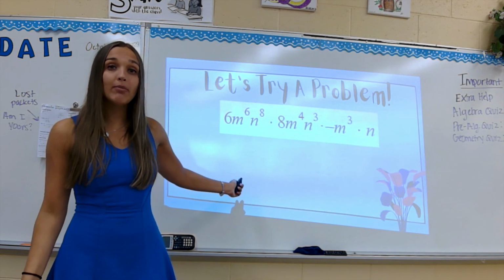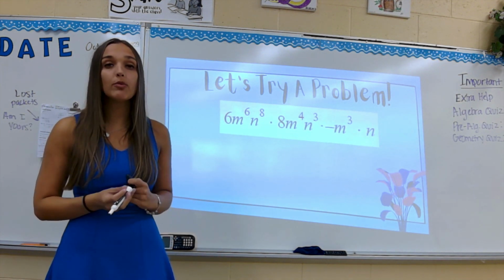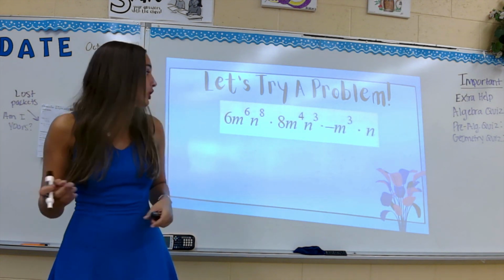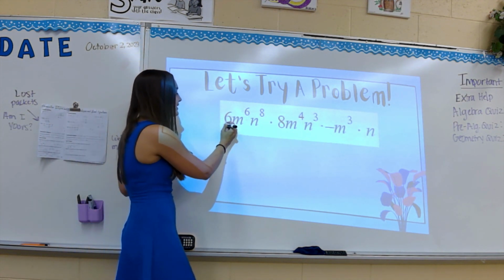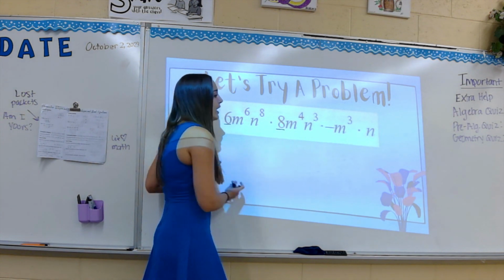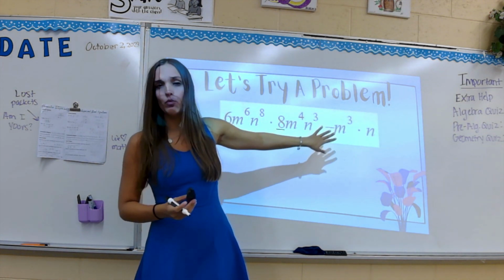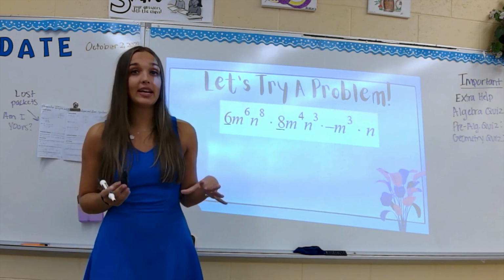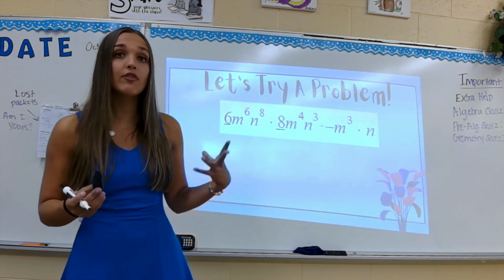Now we have this problem, and we're going to do exactly what we did before, where we underline or figure out which ones are our coefficients. So I have a coefficient here of 6 and 8, and then we look here. What does this -1 mean for me? That -1 is not telling me that my exponent's negative. It's saying it has a negative coefficient.